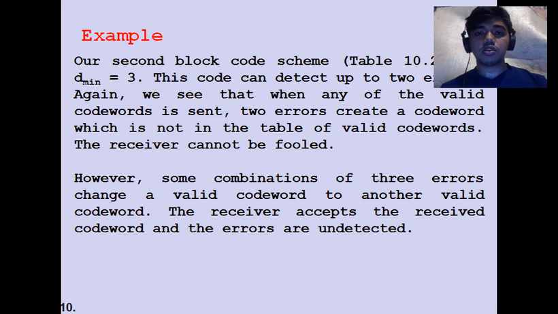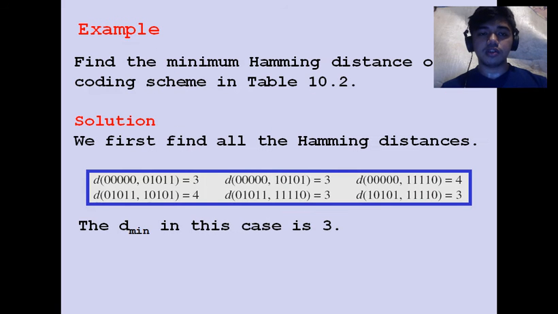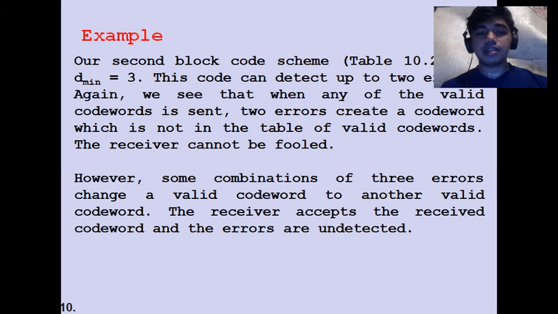Our second block code scheme in table 10.2 has d-min equal to 3. To explain further, this code can detect up to 2 errors. As I mentioned earlier, when any of the valid code words is sent, 2 errors create a code word which is not in the table of valid code words.